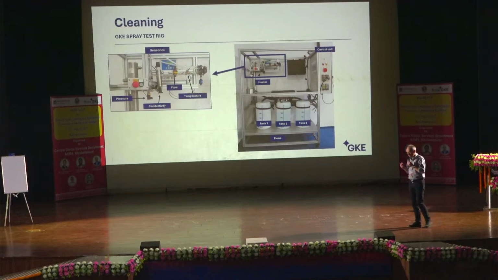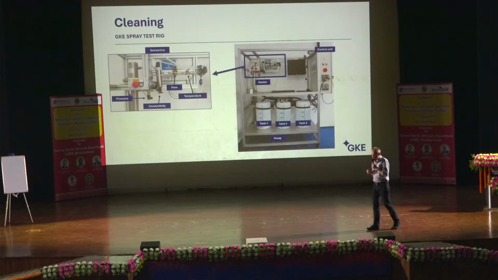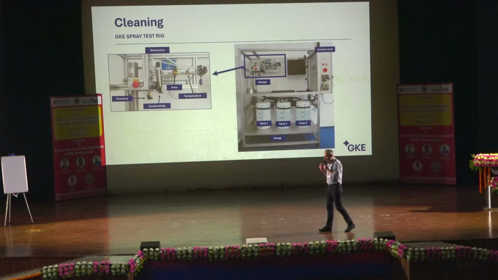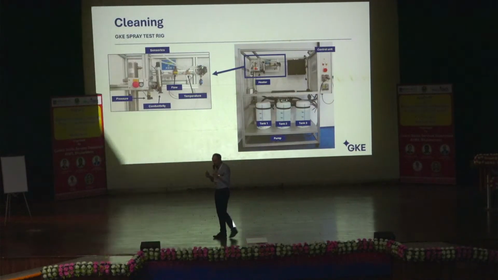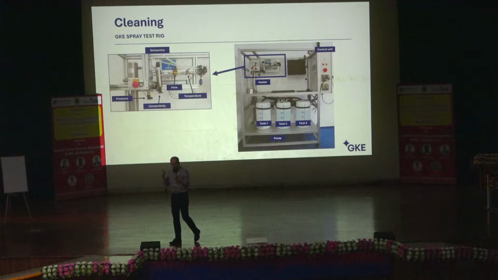When you want to carry out tests in your everyday washer disinfector, you have a spraying arm which is doing a rotation, and you have a chamber which is rectangular. How do you want to have a homogeneous process in that?